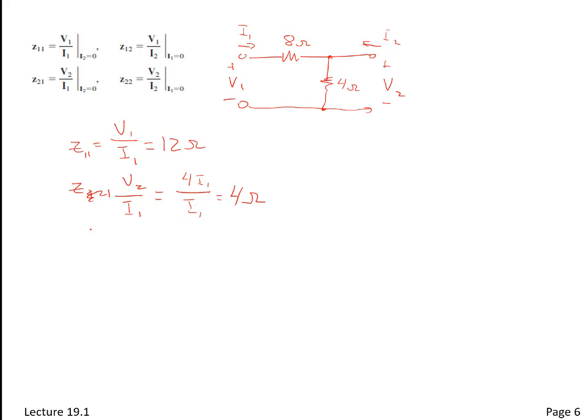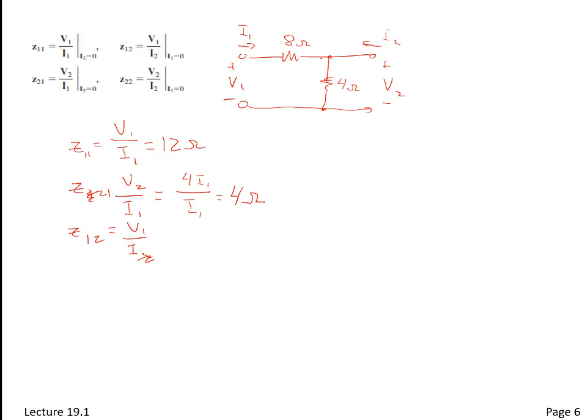Now let's do it the other way, where we get Z12. Let's find the other transfer impedance. So that's V1 over I2 when I1 is 0, so we'll leave this open circuited.